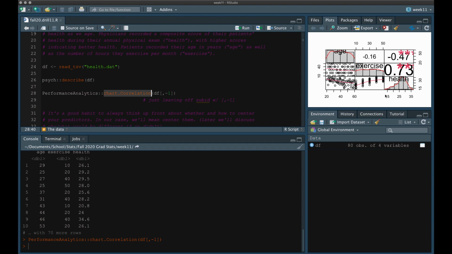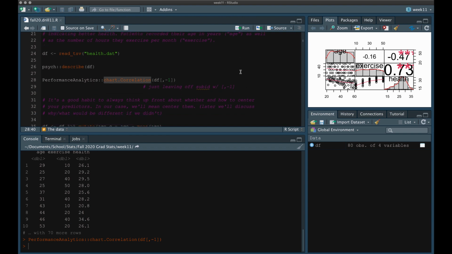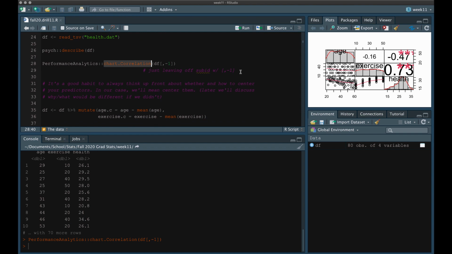But it's always a good habit to think up front about whether and where to center your predictors. Bill's talked a little bit this week about, especially in this case, if we have age in our model, our intercept, I've said it 1,000 times, our intercept is the predicted outcome when all the predictors are 0.